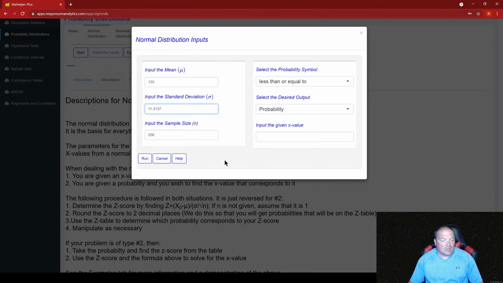Okay, either way will work. Does this make sense, or do you want me to go back to the Word file and talk to it a little bit more?